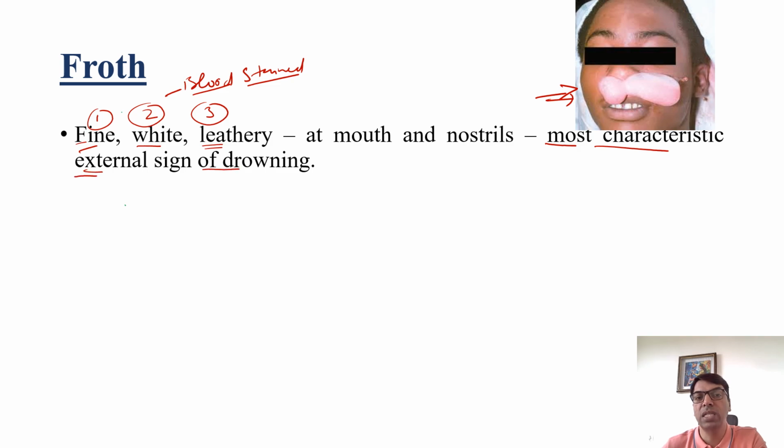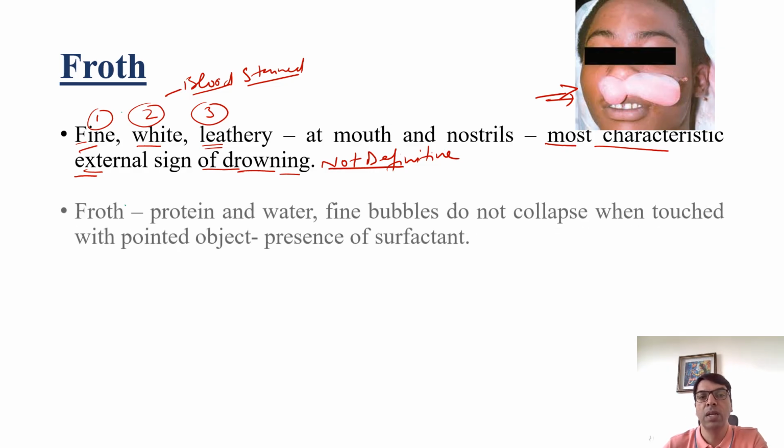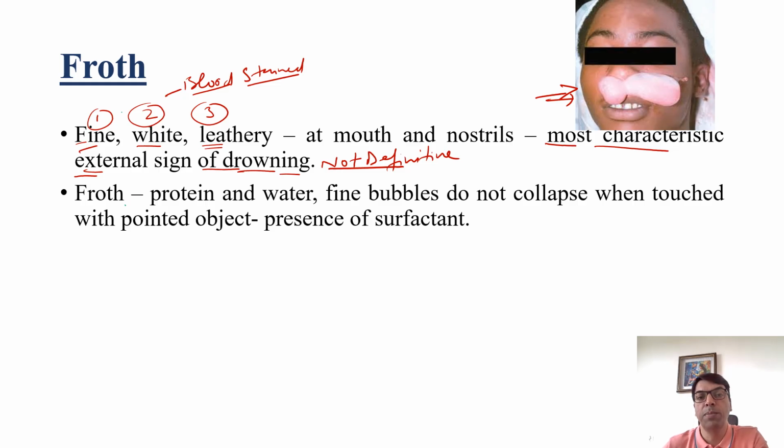It is characteristic but not definitive. The character of froth in drowning is, as discussed, fine, white, and leathery. The froth consists of protein and water from the respiratory tract, and water from the external source.